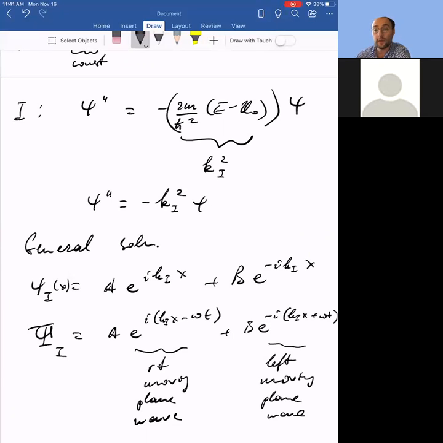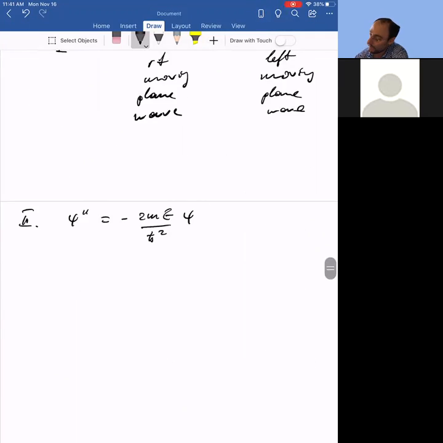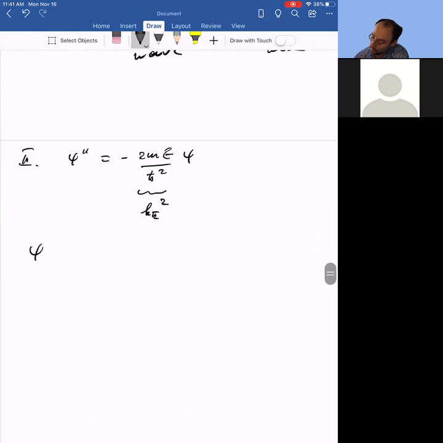In region 2, the wave number is larger because you're not subtracting U naught. I'm going to call this k, the wave number in region 2. And so the general solution, again just the spatial part, is going to be C e to the i k x plus D e to the minus i k x.